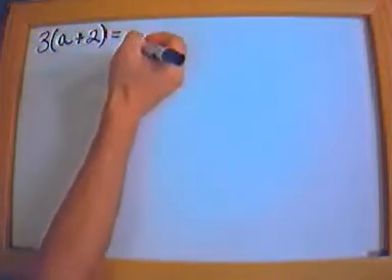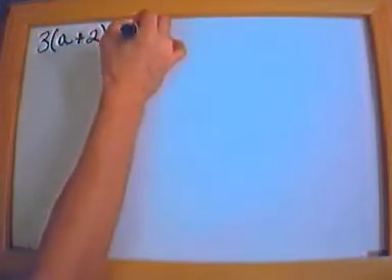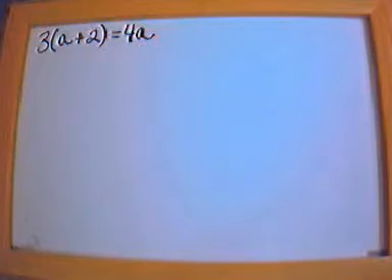Okay, let's try this one. Let's say we have, this is an equation, 3 parentheses a plus 2 equals 4a. Now, the first thing we need to note, we want to solve for a, obviously.